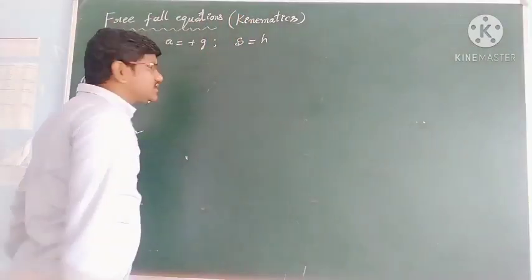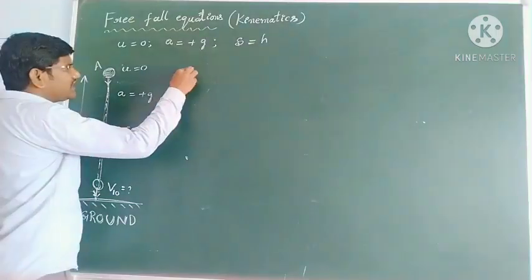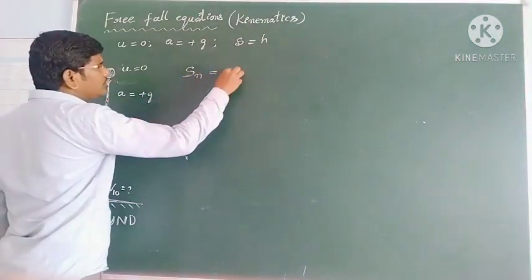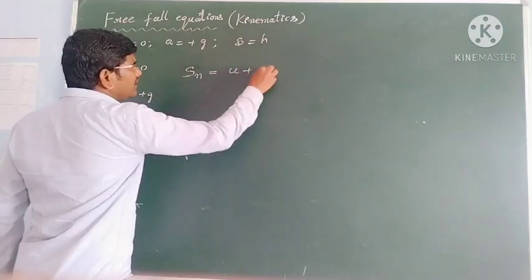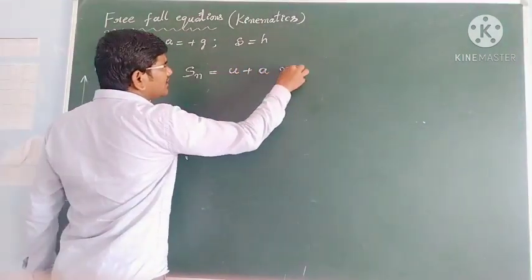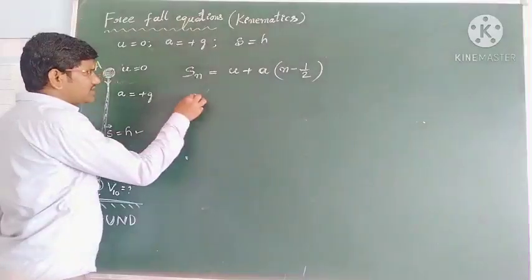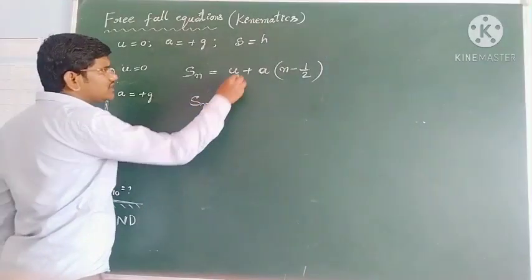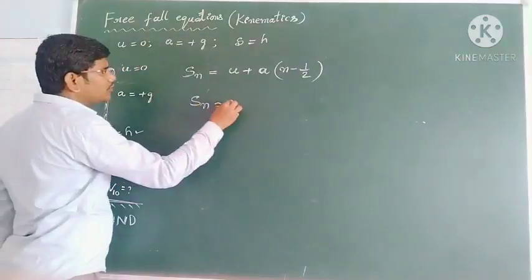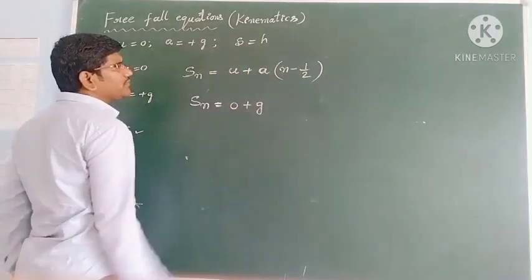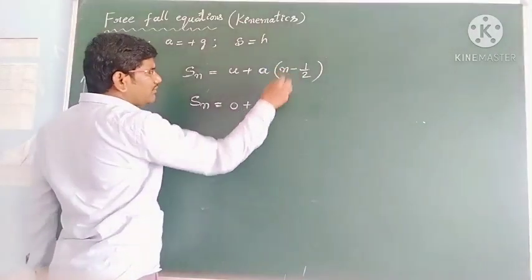Okay, students. Now, height fallen in the nth second. Sn is equal to u plus a into, what can you write? (n minus 1 by 2). And the same you can write: Sn is equal to u, whose value is 0, so you write 0, a value g, into n minus 1 by 2.